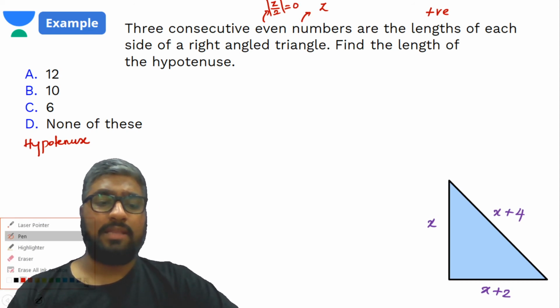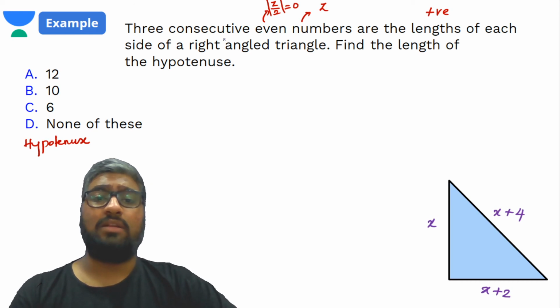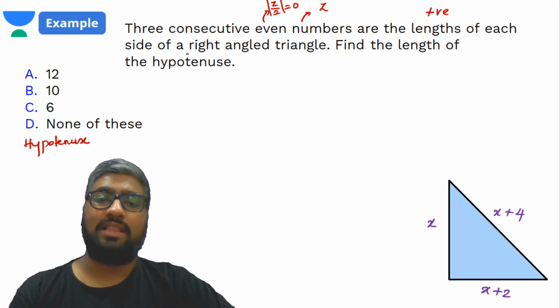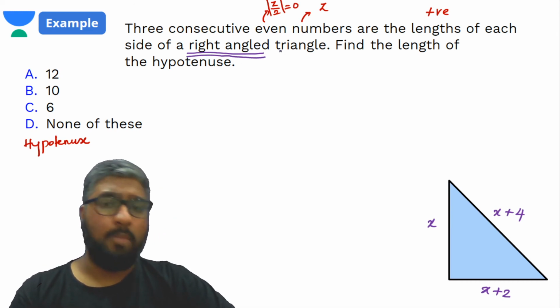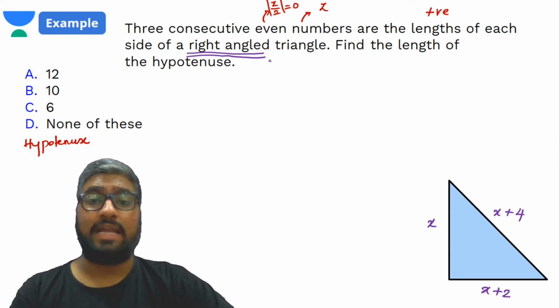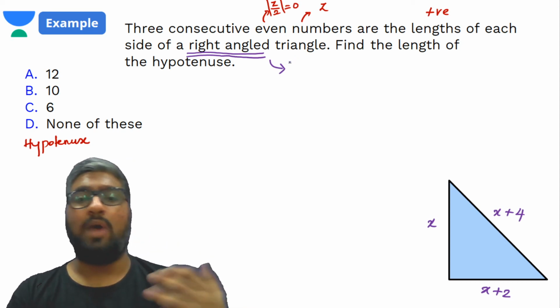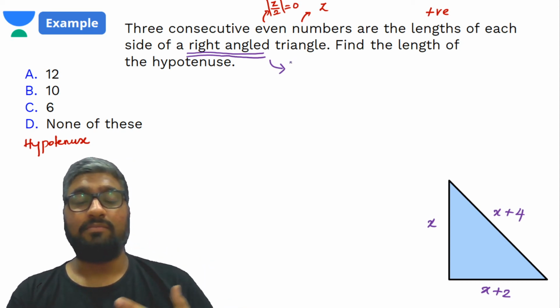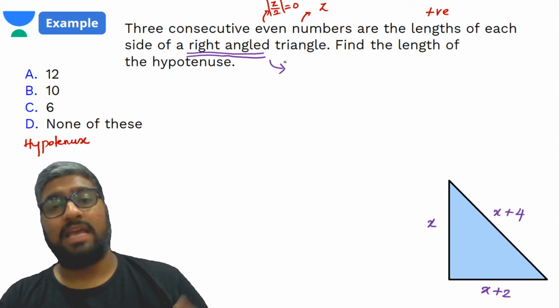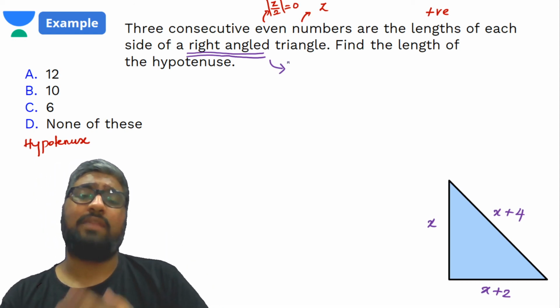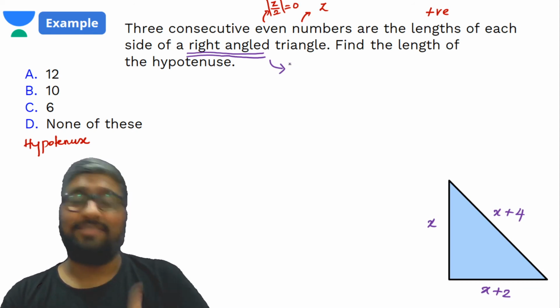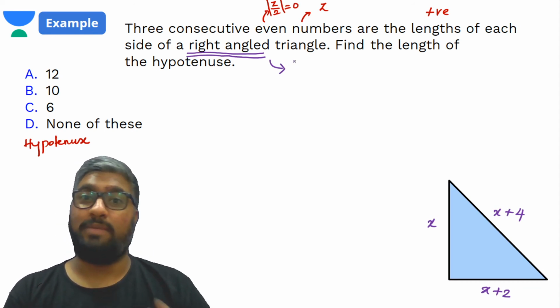So now let's make the equation. The reason why they have given us a right angled triangle is to point towards what? The moment you see or hear about a right angle triangle, what is the one name that comes to your mind? Every time a right angle triangle is drawn, there'd be one old, currently dead dude with a long white beard, probably Greek.